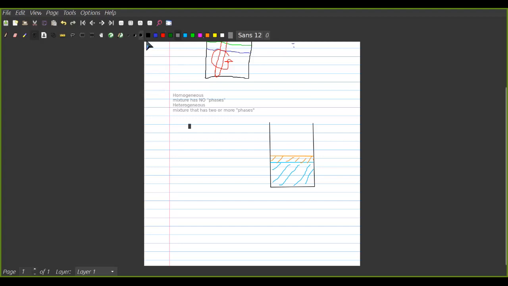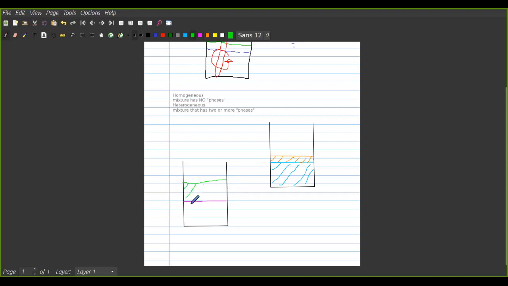So let's say once again we have our beaker, and we have our dispersant and we have our dispersed.